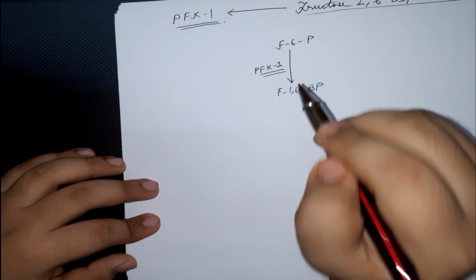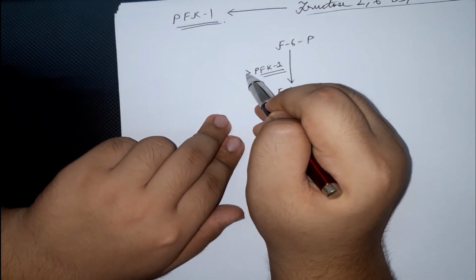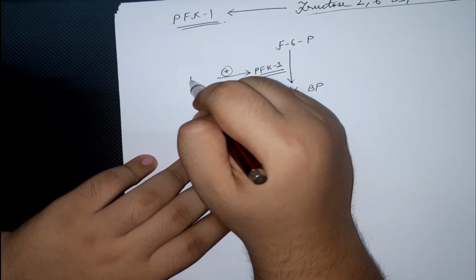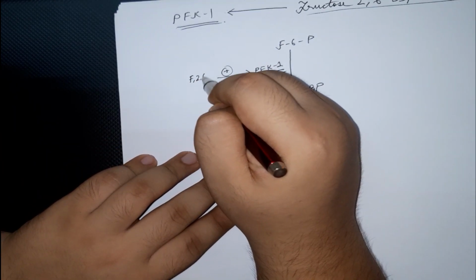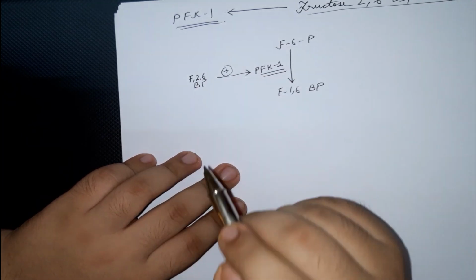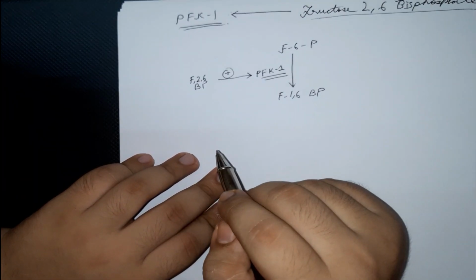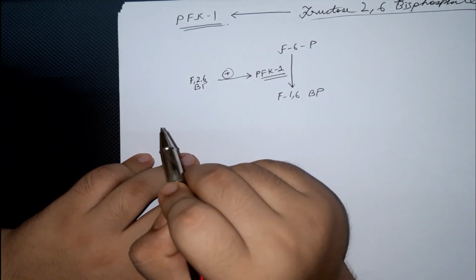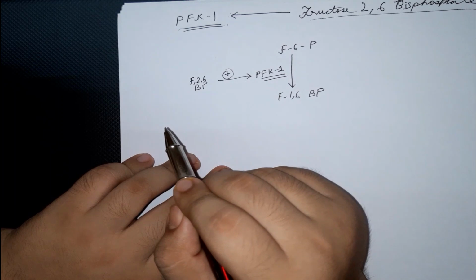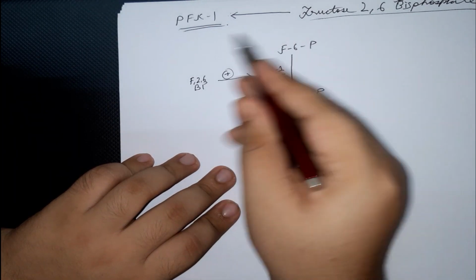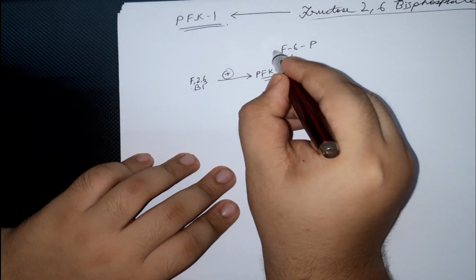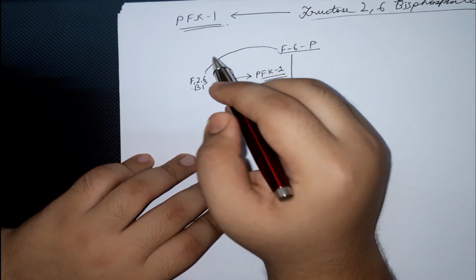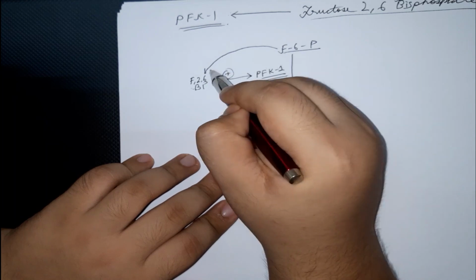PFK1 is positively induced by fructose 2,6 bisphosphate. But where is the fructose 2,6 bisphosphate itself coming from, and hence positively inducing PFK1? This itself is coming from fructose 6 phosphate itself. Very important. And this is reversible.